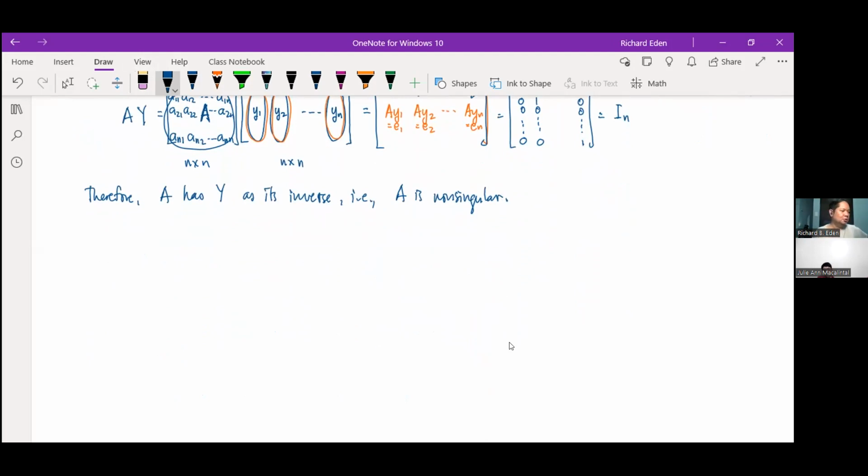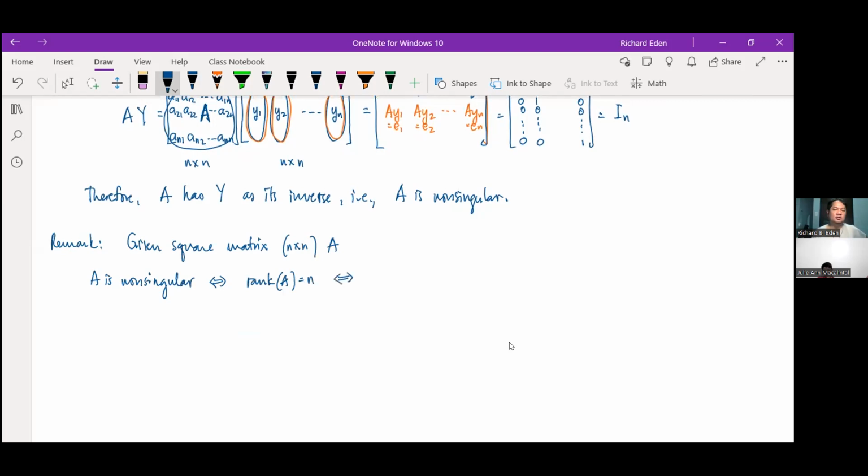Tapos, so, ibig sabihin, remark. Okay. So we're given the square matrix, n by n matrix A. Okay. A is non-singular if and only if, so we know that the rank of A equals n.